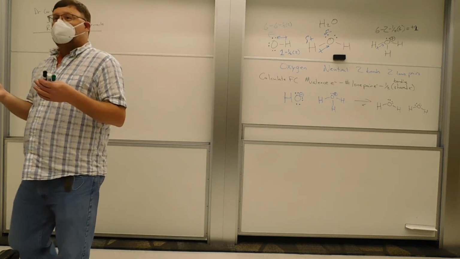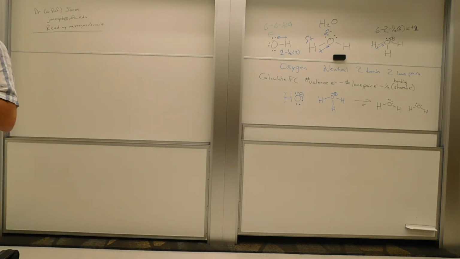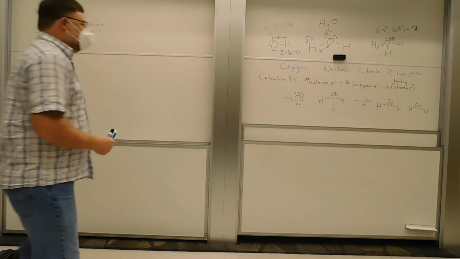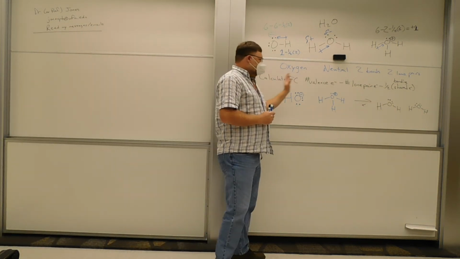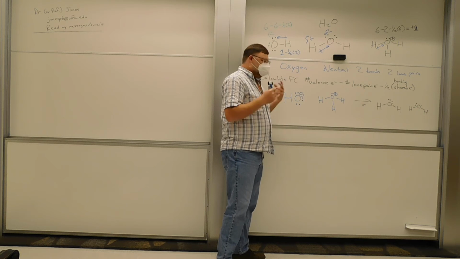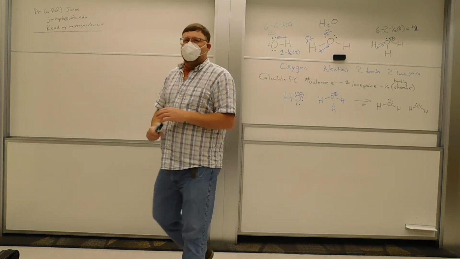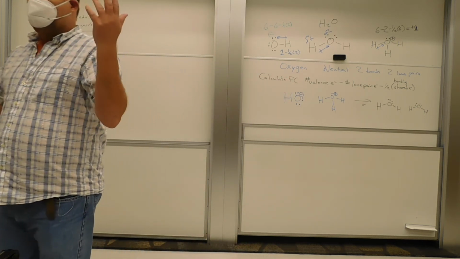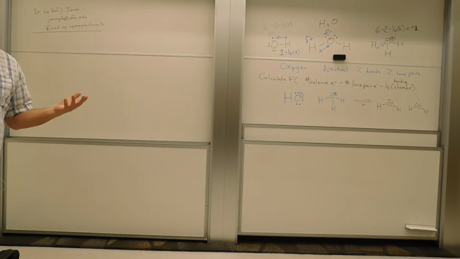Those are neutral. So this equilibrium, not because it's neutral, okay? We'll talk about equilibria when we get to acid-base chemistry for real, but this is an acid-base reaction. The equilibrium lies quite far to the right. Water is one of the more stable molecules in the universe. Hydroxide and hydronium are not.